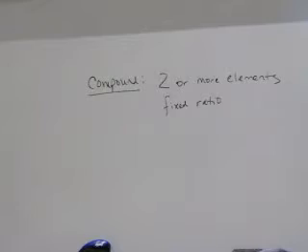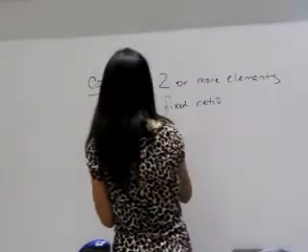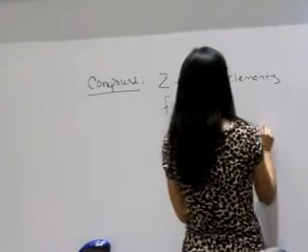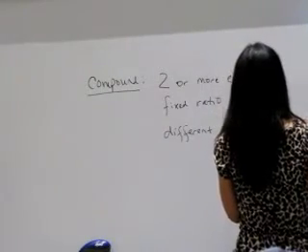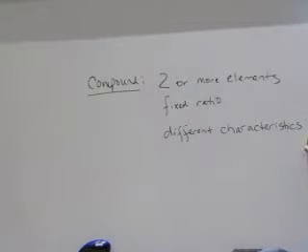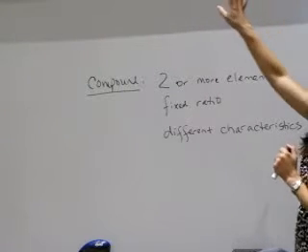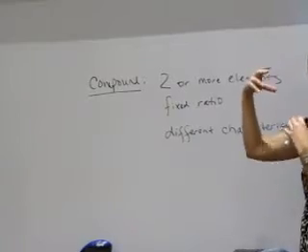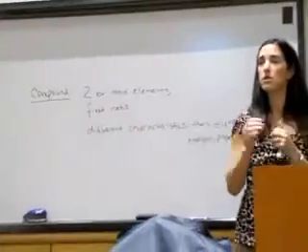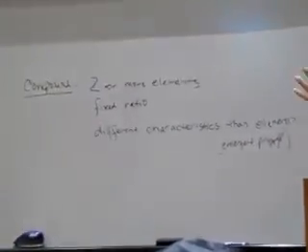Different characteristics from the elements. Does anybody recognize a theme there? Emergent property. You can make a note that that's an emergent property. It's a good idea when you see something where a number of things describe that word to list it out in the margin. It will draw your attention to it when you're reading, and you'll be less likely to skip over it.